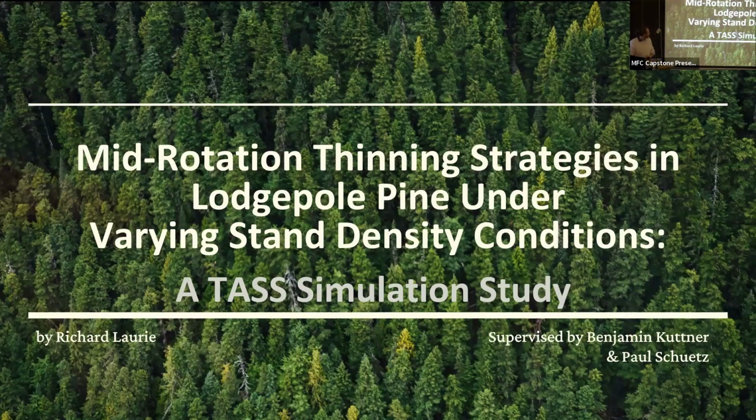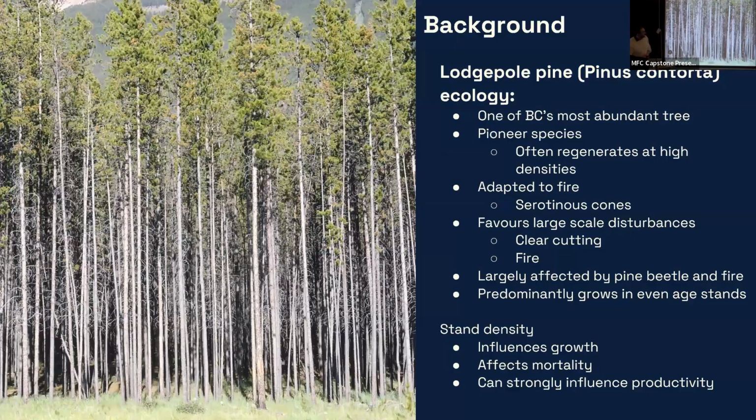Hi there. I'm Richard. This is my capstone on mid-rotation thinning strategies in lodgepole pine under varying stand density conditions. It's a TASS simulation study. Lodgepole pine is one of BC's most abundant trees. It has little taper and thin bark, which allows it to contain higher volumes than other tree species at similar sizes. It's a pioneer species.